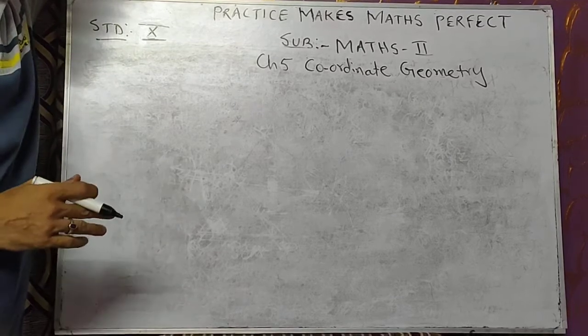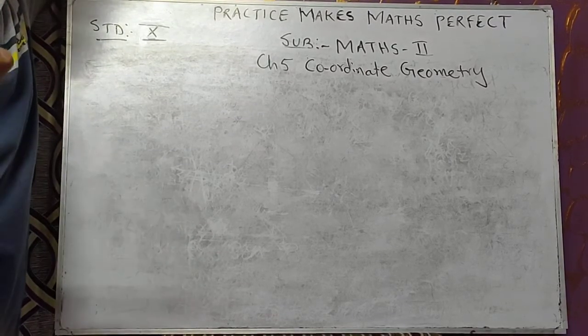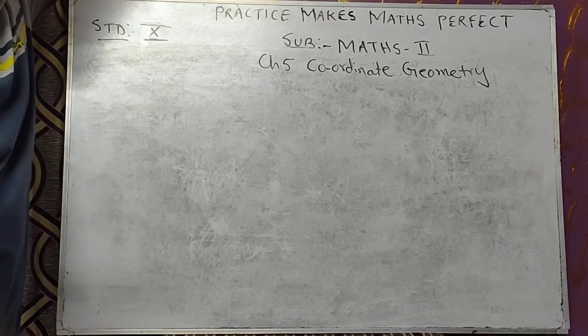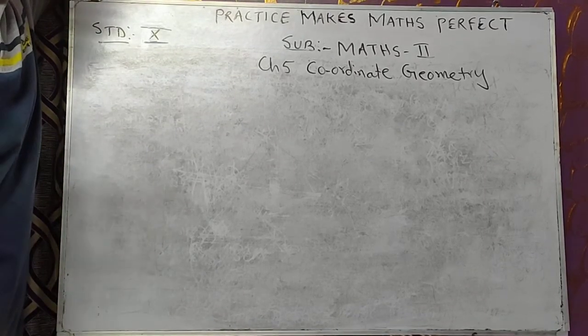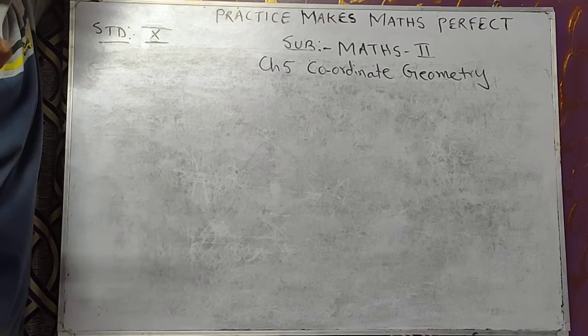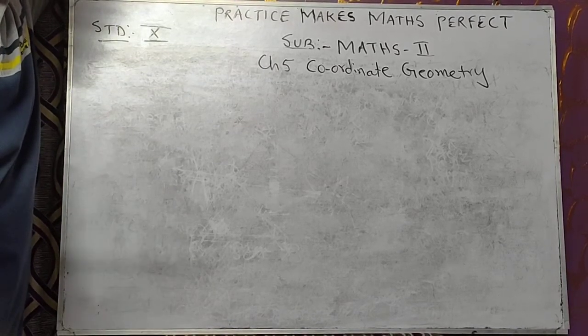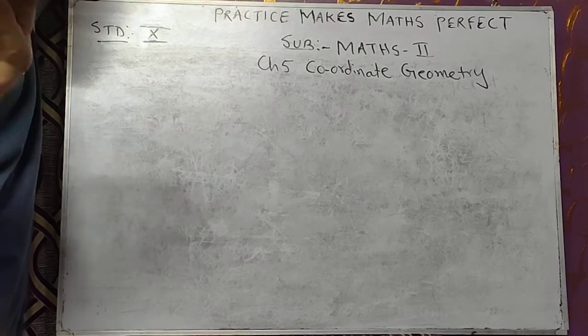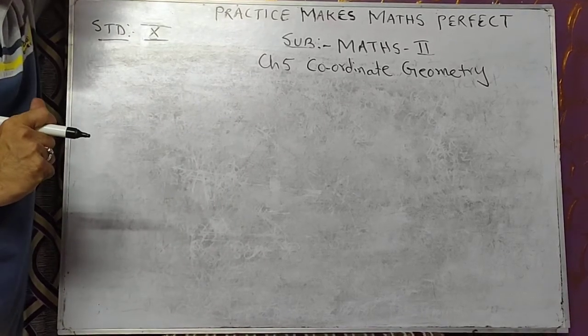My dear students, today we are going to start new chapter number 5, coordinate geometry. In your previous standard, 9th standard, you have studied how to find out the distance between the 2 points, right?